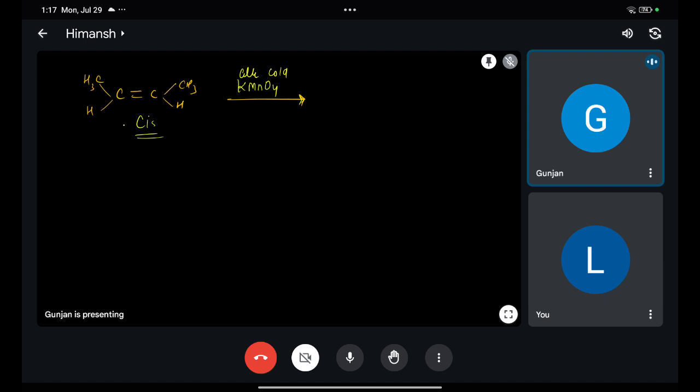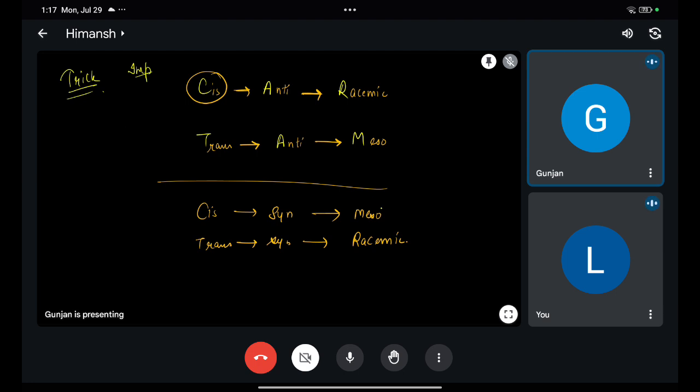So this is a cis alkene with cold alkaline KMnO4. Now, as we know, this is Baeyer's reagent, and Baeyer's reagent gives syn addition. So cis syn, remember? Cis syn gives meso. Now how to create a meso? Let's see.